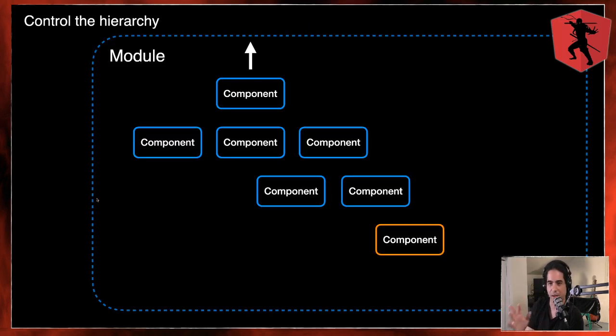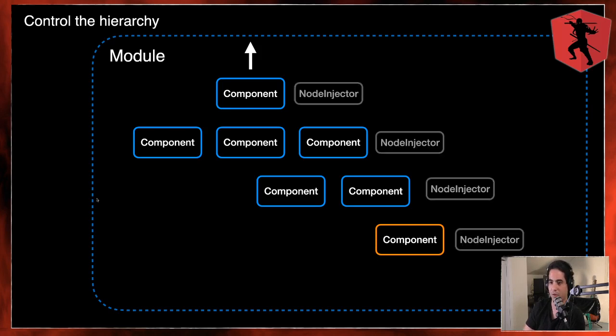So this is a tiny sketch of the demo app that I'm going to show you in a second. I created this hierarchy of components because components are structured in a hierarchy, and it's very important to remember this when we start dealing with injectors, because for each component, like I said in the intro, there's going to be a node injector which is created specifically for this component.